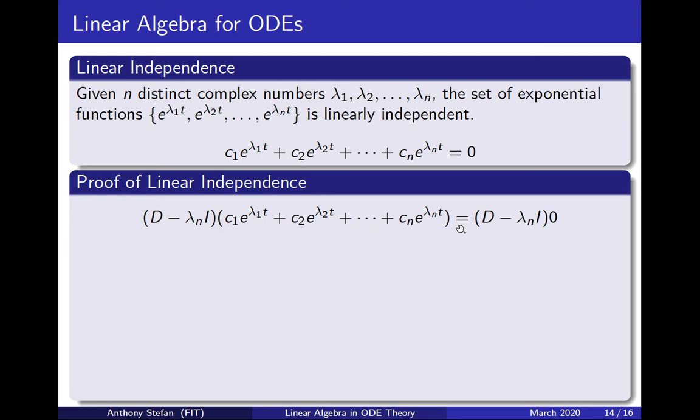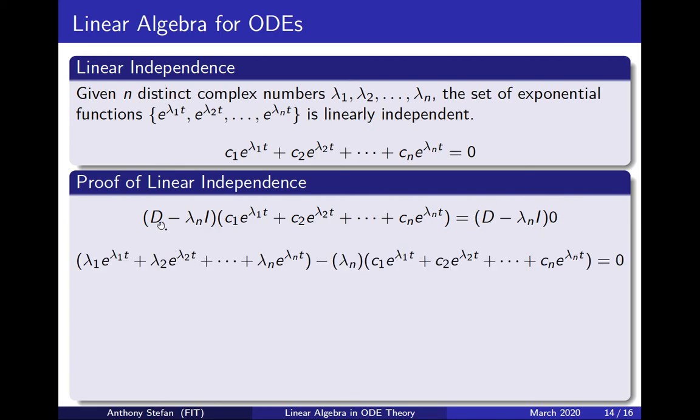Then to investigate this, let's apply our linear operator, D minus lambda n I, on our function. The 0 here just goes away, and we take the derivative of the sum and subtract lambda n times the function itself.